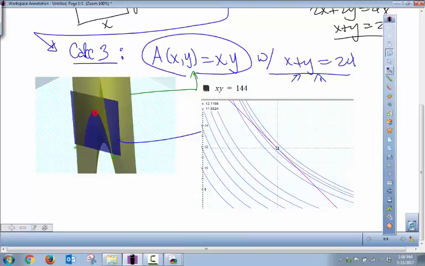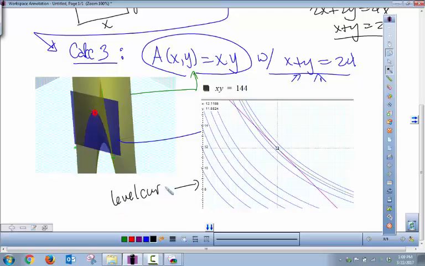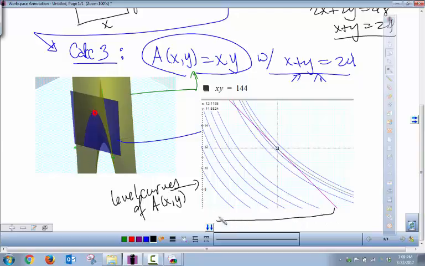So what we could do is, instead of looking at the three-dimensional picture, we'll look at the level curves of a of x, y. That's the function that we're trying to maximize. And we also see the curve of the constraint.